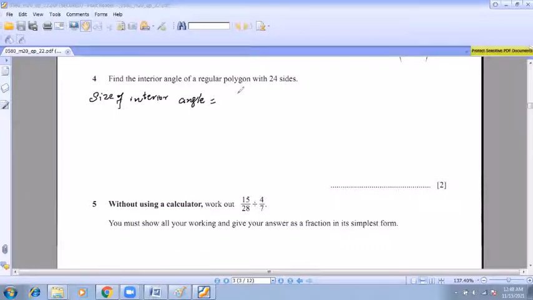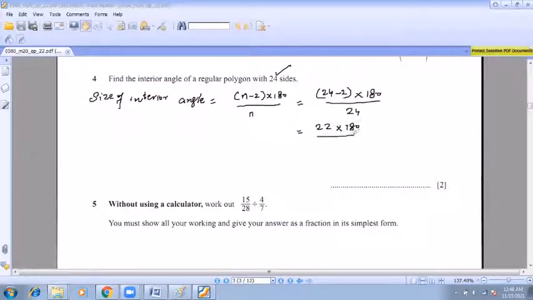So for the sum of interior angles, we apply the rule n minus 2 multiplied by 180, divided by the number of sides, meaning n. Here the number of sides is 24, so 24 minus 2 multiplied by 180 divided by the number of sides. If we simplify more, 22 multiplied by 180 divided by 24.